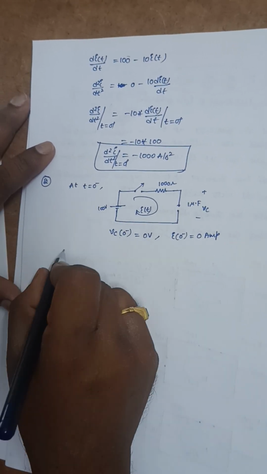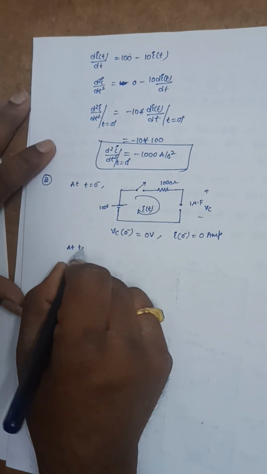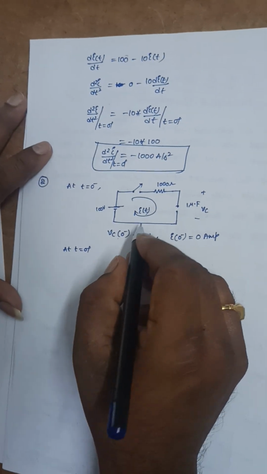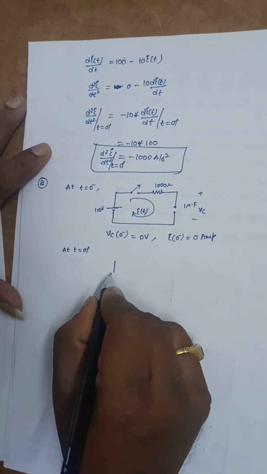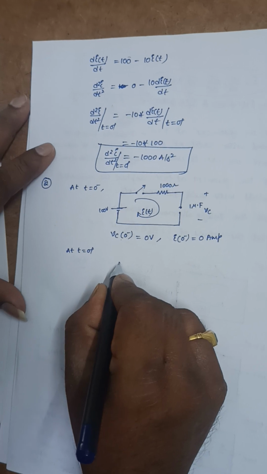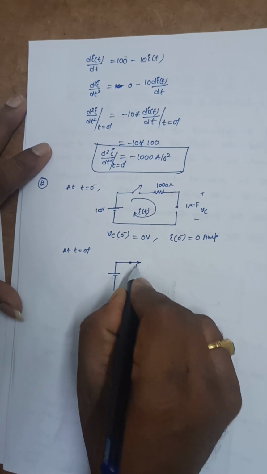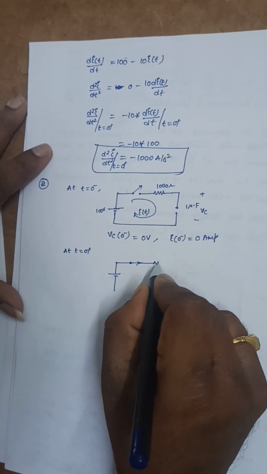Next I need to calculate at t equal to 0 plus, so I need to draw the same circuit. This is at t equal to 0 plus, just after the switching action is done.